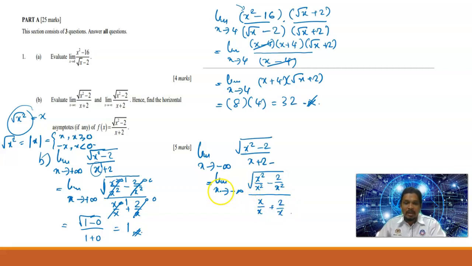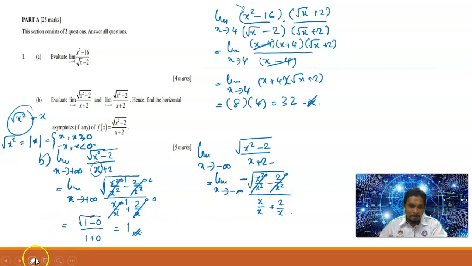Because we have x approaching negative infinity, we come up with a negative sign here. For this one, it's approaching positive, so we add nothing. We consider this one as positive. But for this one, we add a negative sign. And then x approaching negative infinity, for this one we equal to 0. Okay, wait, it's not 0 then.